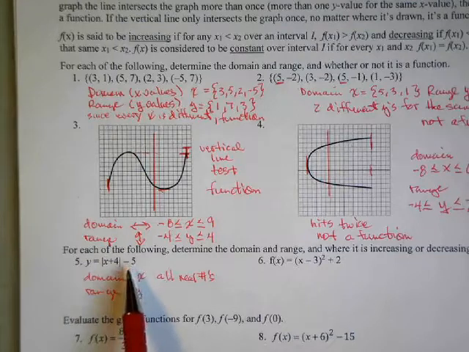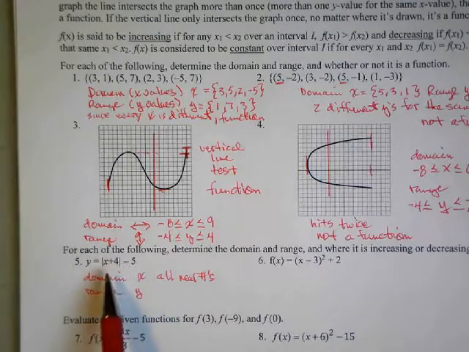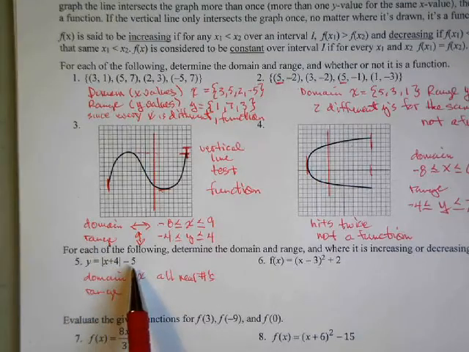Okay, if x is positive, absolute value will keep it positive. That'll still be a positive number. Subtract the -5, so it's going to be bigger than -5.